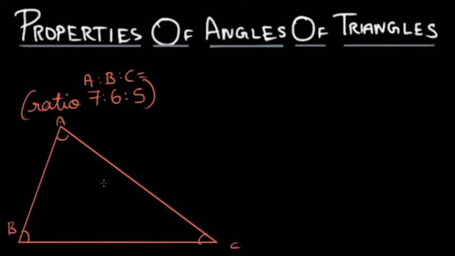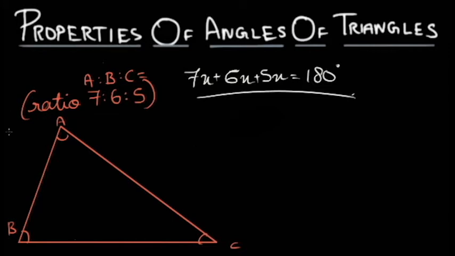Now we know that in a ratio, if we multiply all of the numbers with the same value, in this case X, since it is unknown, we will not disturb the actual ratio. So we multiply each of them with X, and since they are each of the angles, when we add them, the sum should be 180 degrees.